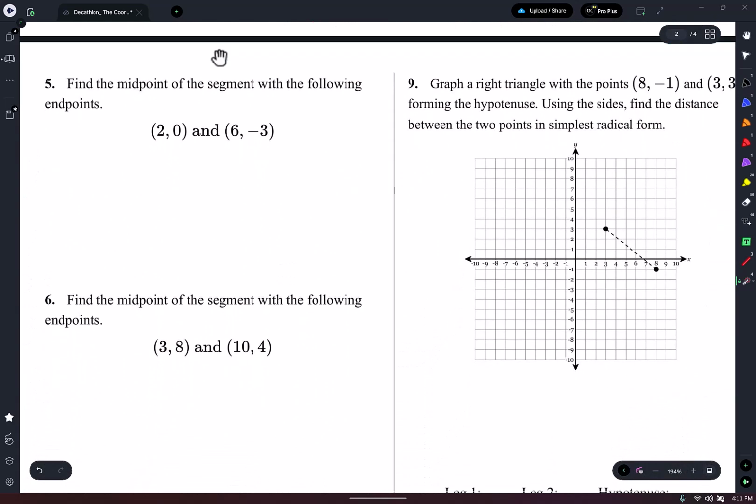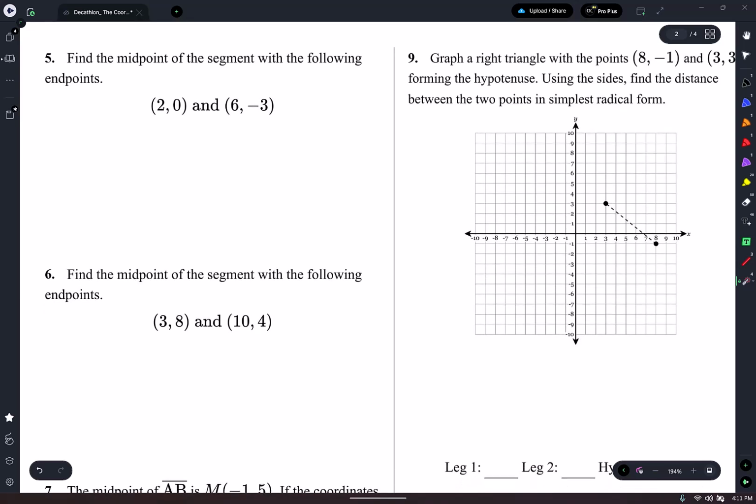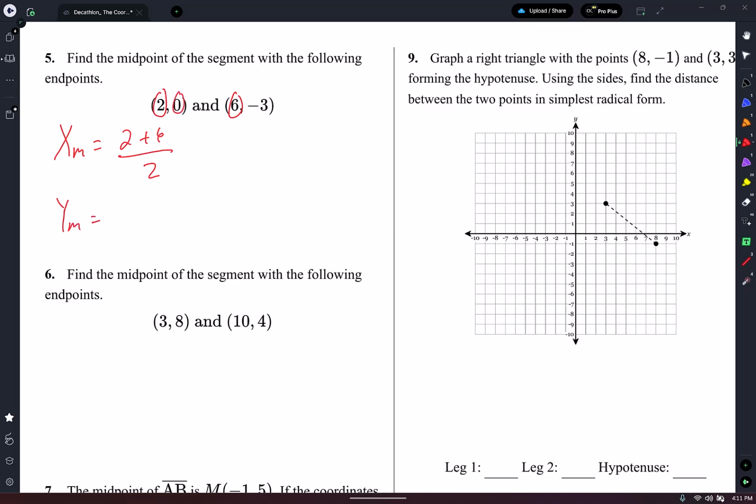Find the midpoint of the segment with the following endpoints. Okay, so here it is, xM. That just stands for the midpoint of x. You just take the x's and you add them together, 2 plus 6, and you divide by 2. yM, you just take the y's and do the same. I should maybe color code them.